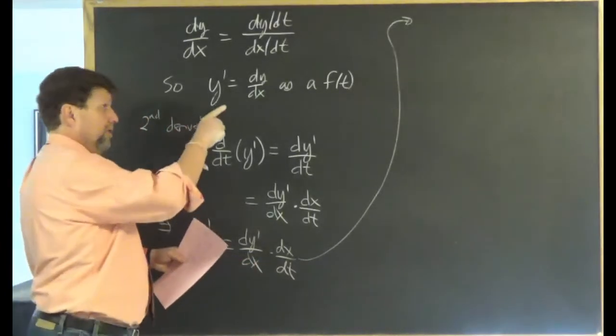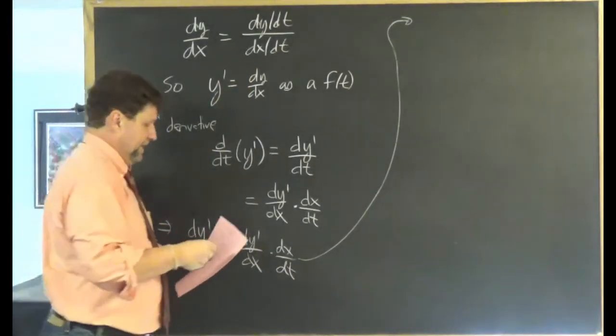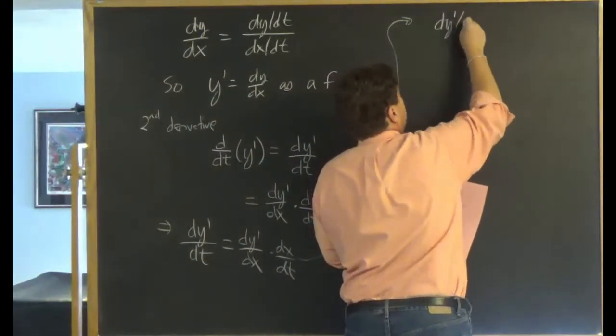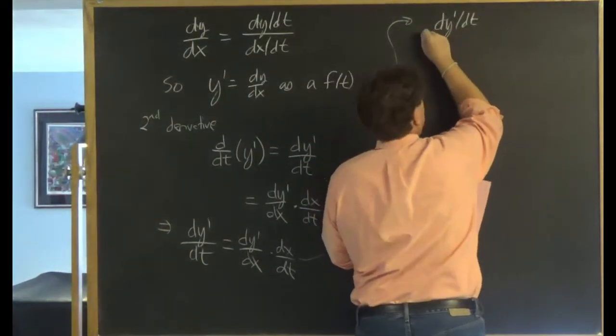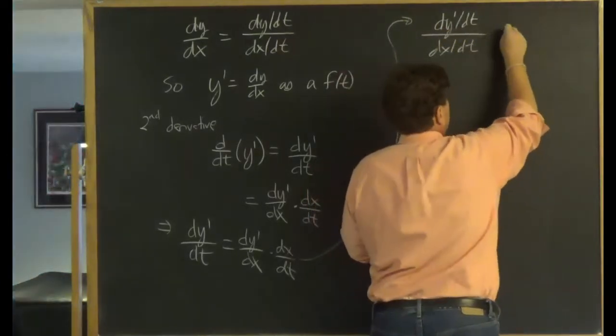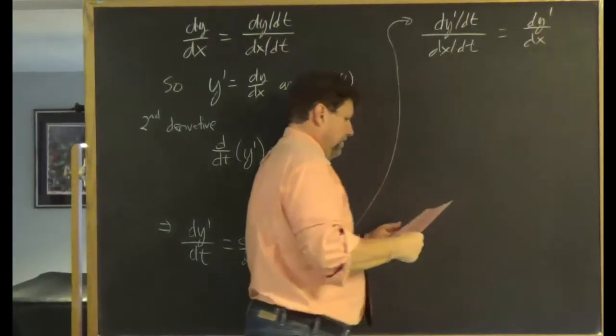That gives me dy prime dt over dx dt. Well, that's dy prime dx.